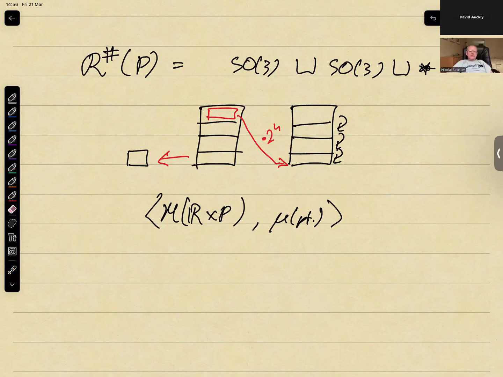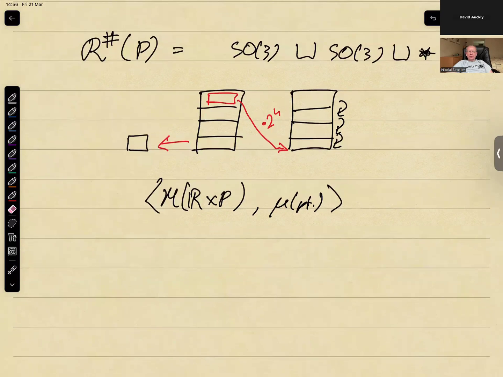I think a lot of this was done for equivariant instanton homology. But for equivariant, you get isolated points from the irreducibles, but then you get the big one from the reducible. So it's like the other way around. Oh, right.